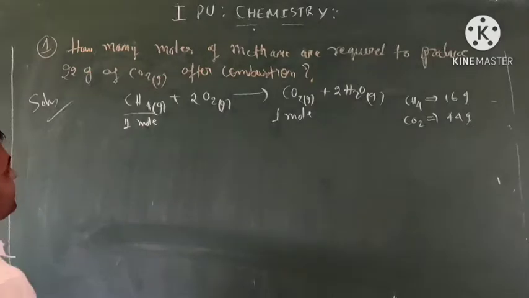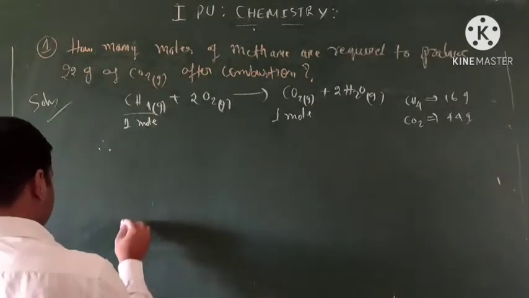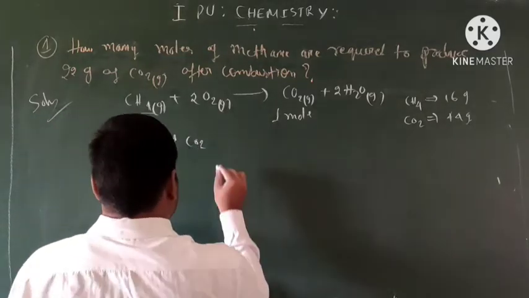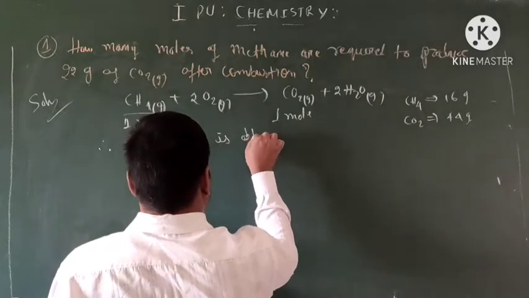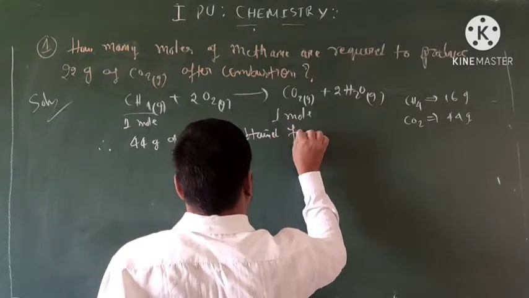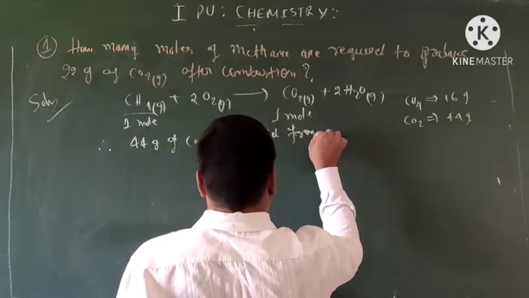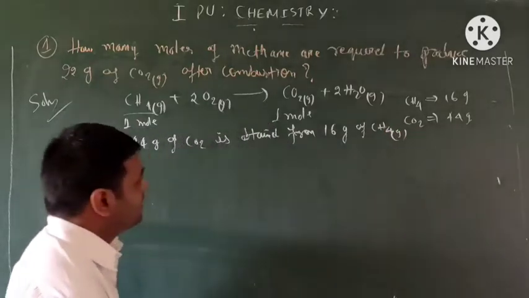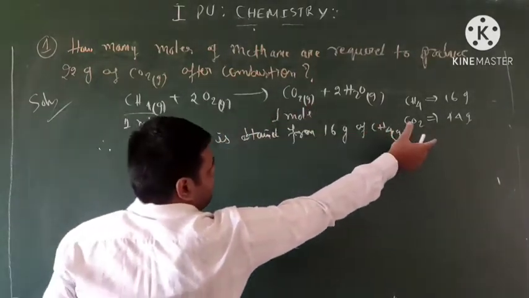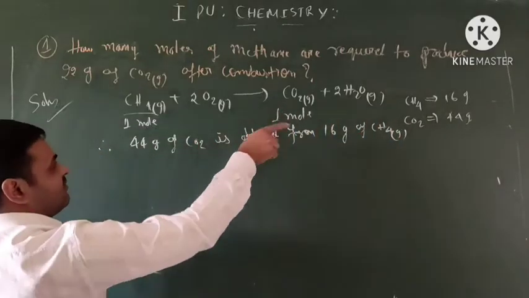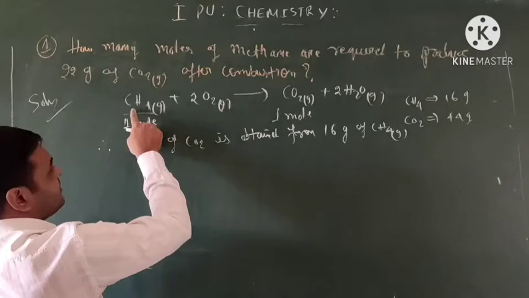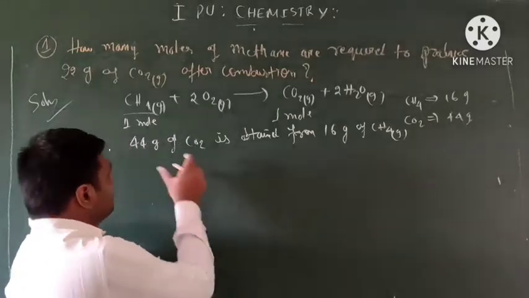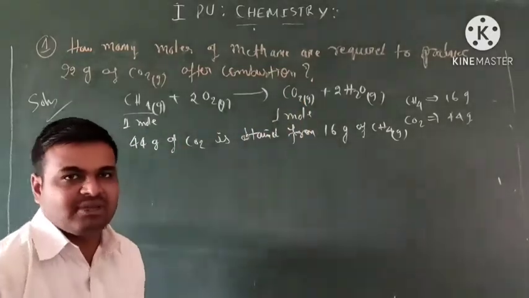We discussed that last time. So we write: 44 gram of carbon dioxide is obtained from 60 gram of CH4. 44 gram of carbon dioxide is obtained from how many grams of methane? From 60 gram of methane.